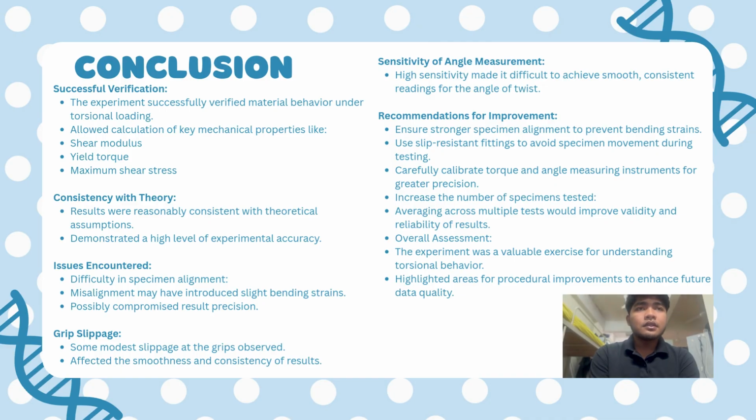Then for the recommendations for improvement, the first one is ensure better specimen alignment to prevent bending strains. Use slip resistant fittings to avoid specimen movement during testing. Then carefully calibrate torque and angle measuring instruments for greater precision, and increase the number of specimens tested. Next, averaging across multiple tests will improve validity and reliability of results.